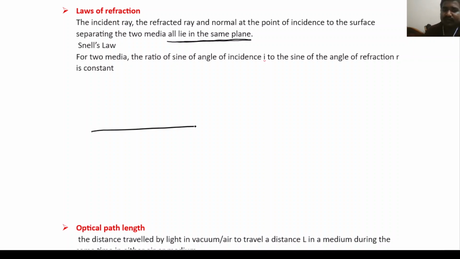You can see, for example, this is the surface separating two media. Here, take this as medium one and this as medium two. The refractive index of this one you can take as n1 and the refractive index of this one as n2. Let a light ray travel from medium 1 to medium 2 and be incident on the surface, and here you can take the point of contact.